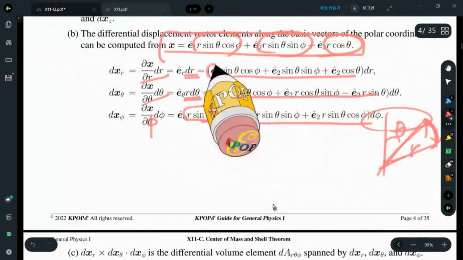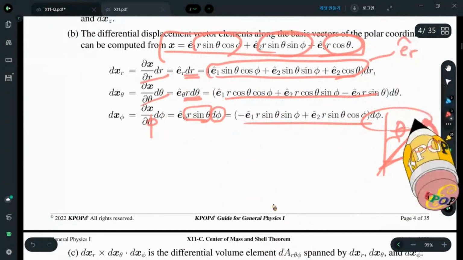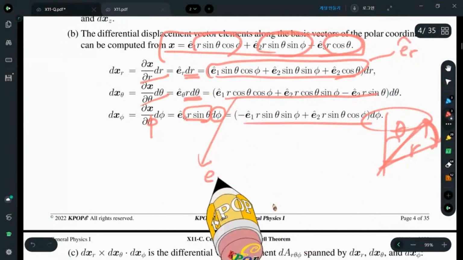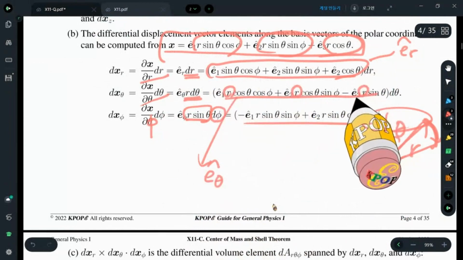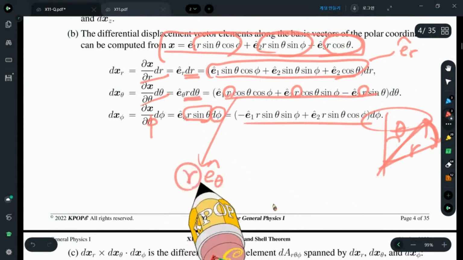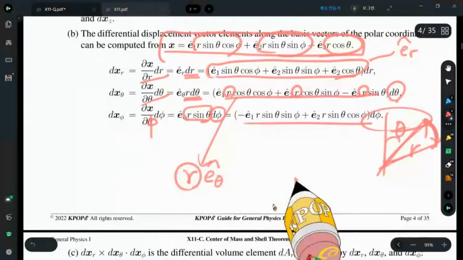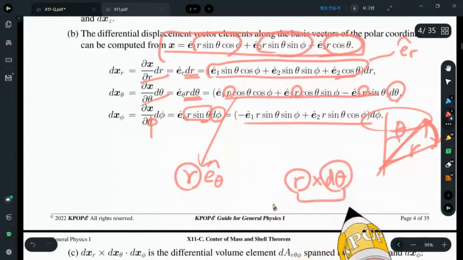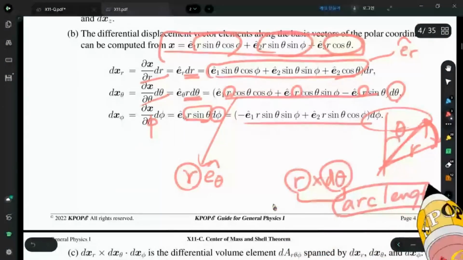And in here, this is nothing but the unit vector along the radial direction, and this is nothing but the unit vector along the theta direction. However, we have an additional factor r because this is the angle, and only if we multiply the radius and angle difference, we have arc length, right?